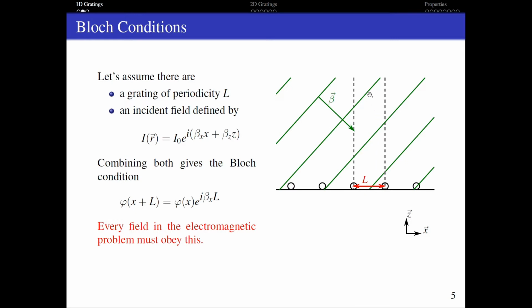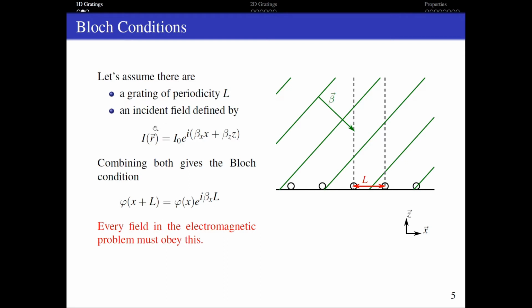In the same way, we have an incident field for which the k vector is named beta here. And we can define the incident field this way: the field at a point anywhere defined by the vector R here is going to be this complex exponential, which includes the k vector, and here I have separated both terms.